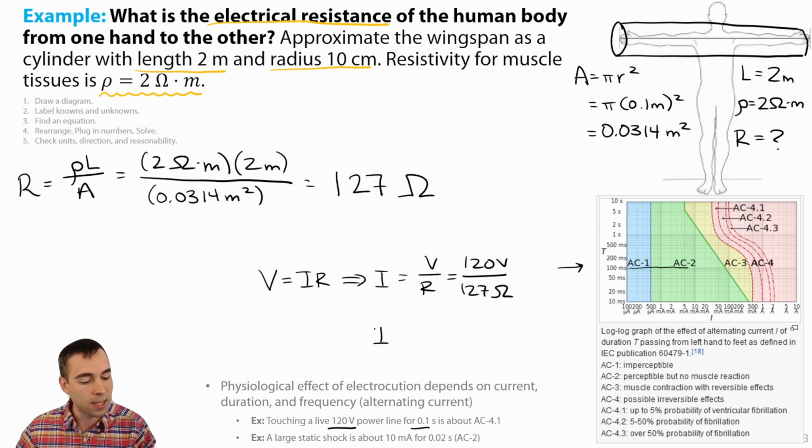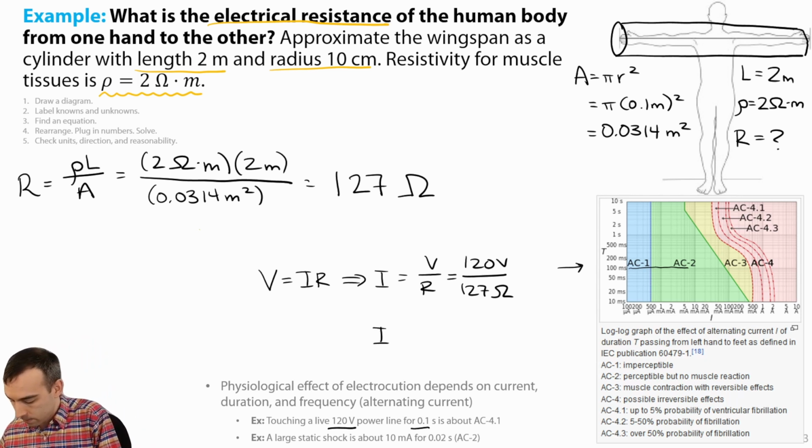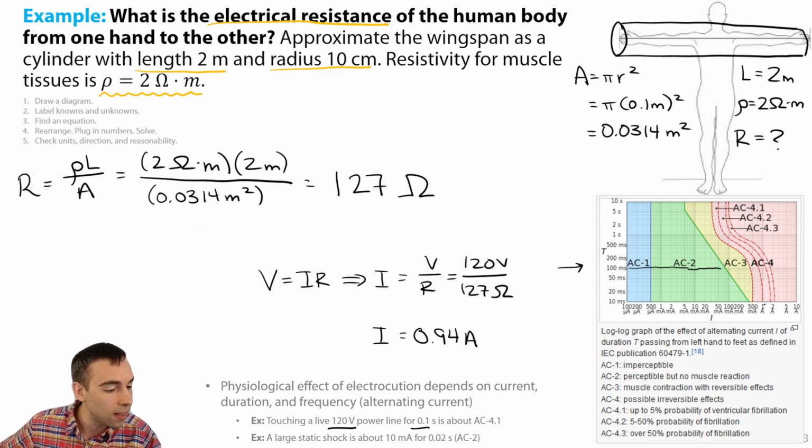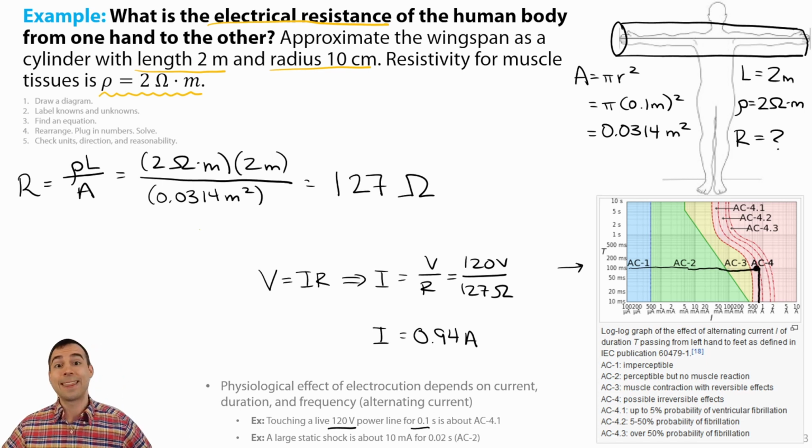And we would find that the current in this case is about 0.94 amps. And so if we trace out that line right around 0.94 amps for 100 milliseconds, we would see that touching a live wire at 120 volts for even 100 milliseconds could potentially cause fibrillation in your body and serious damage.